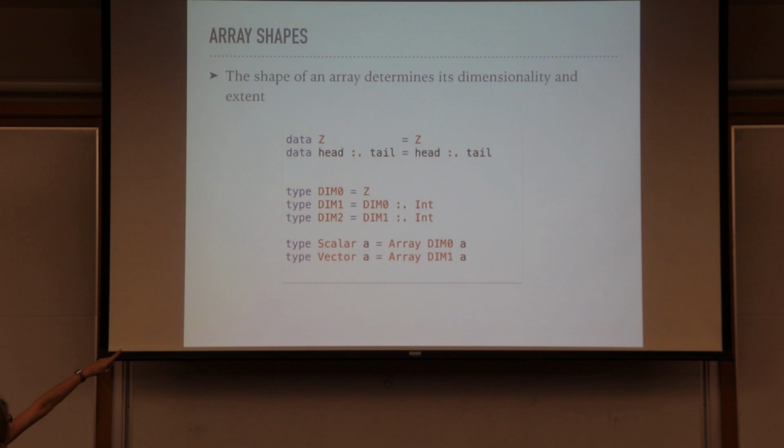It's kind of like these snoc lists, so they are nested to the left, right? We have Z, or Z :. Int, and so on.